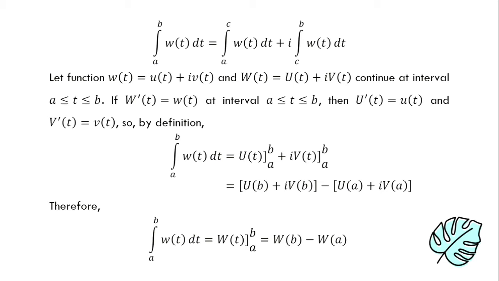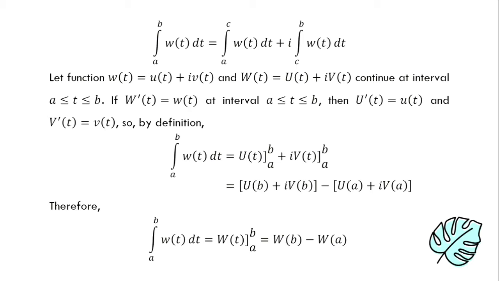So, by the definition, the integral of w(t) dt from a to b equals U(t) with the values of b and a substituted, plus i V(t) with the values of b and a substituted, which equals U(b) plus i V(b) minus (U(a) plus i V(a)).